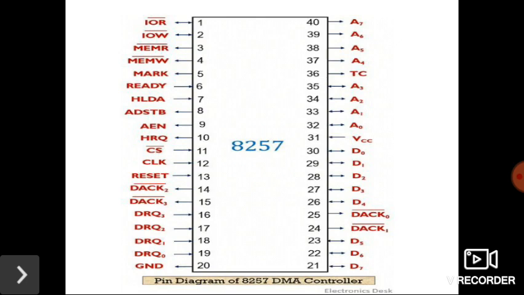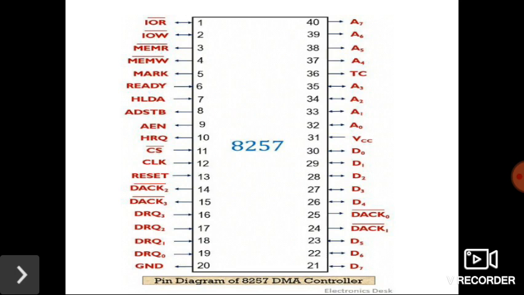Any input-output device sends a DMA request signal on one of the DRQ0 to DRQ3 lines. When DRQ is high, a DMA request signal is received by the DMA controller. Among the four DMA request lines, DRQ0 has the highest priority and DRQ3 has the lowest priority in the fixed priority mode.